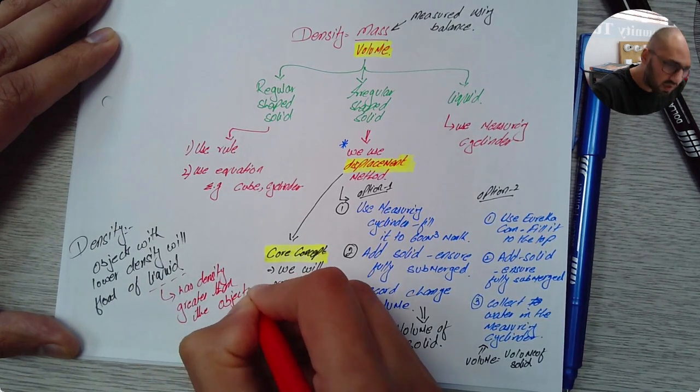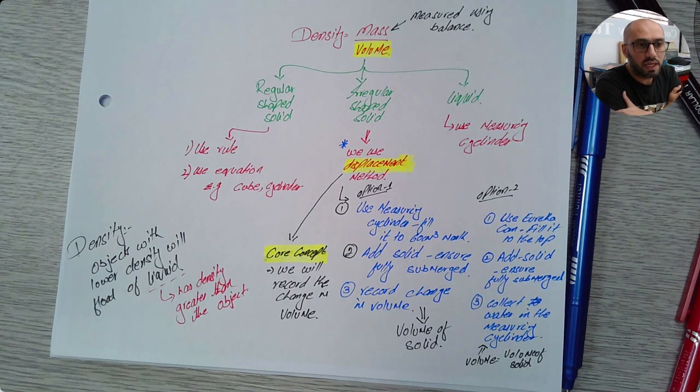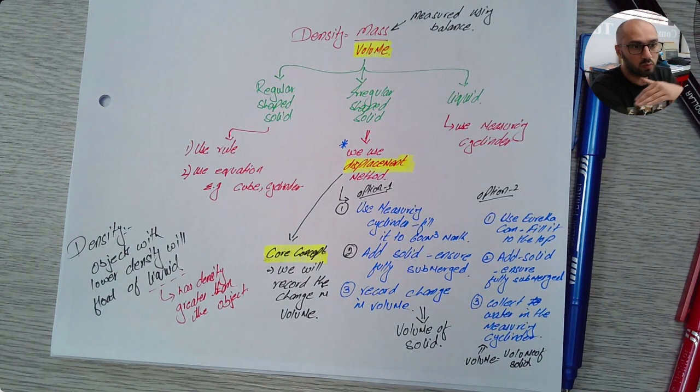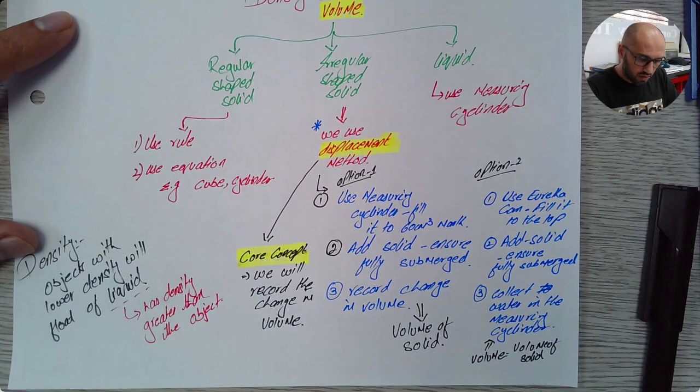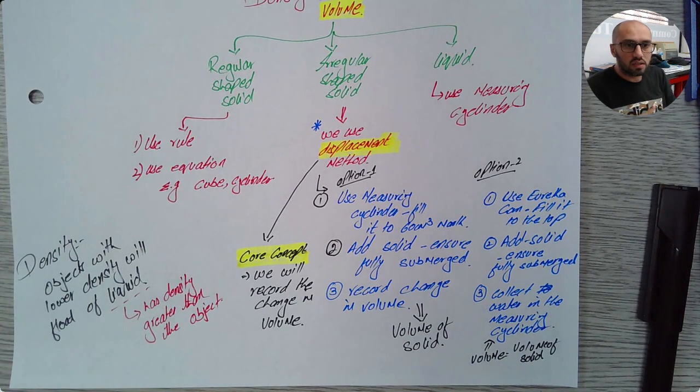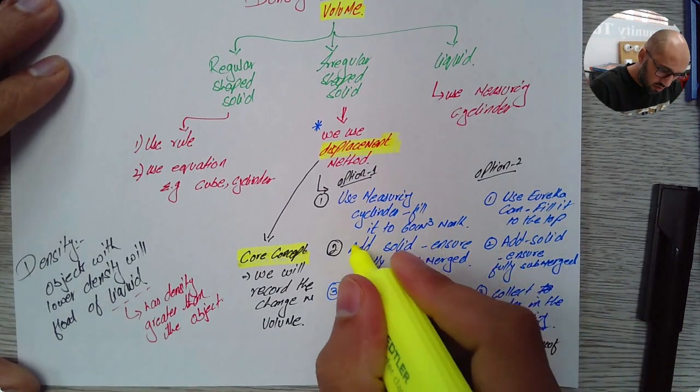For example, if I have wood and I place wood in water, wood will tend to float. Why will it float? Because water has higher density than the wood. This is all that we need to know from the section density. Just a quick reminder, this is important.